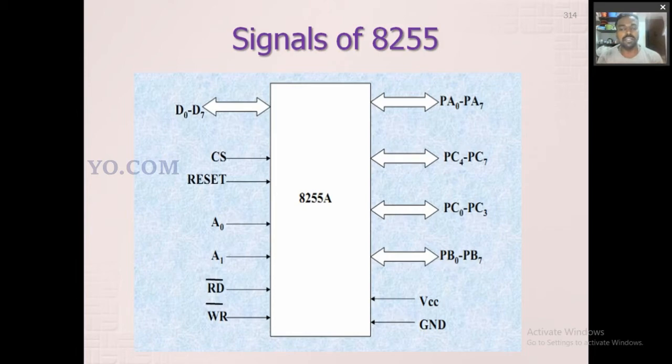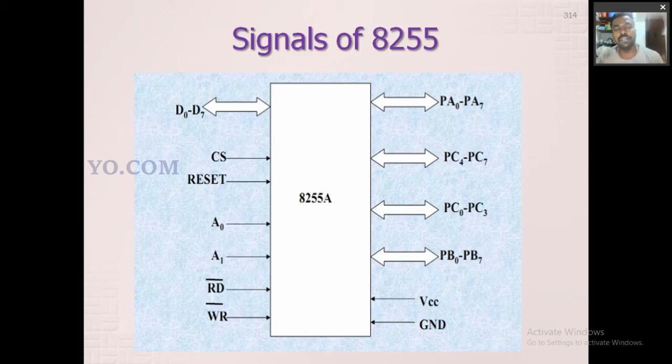Port C lower is 0 to 3, port C upper is 4 to 7. VCC and ground are the power supply. On the right hand side we have the ports and power supply. On the left hand side we have the data lines. Data lines are 8-bit data lines, D0 to D7.